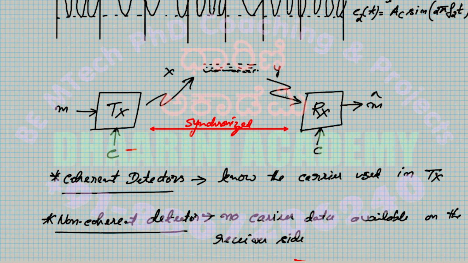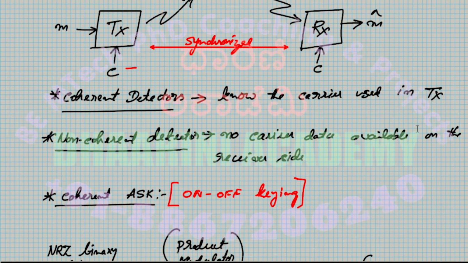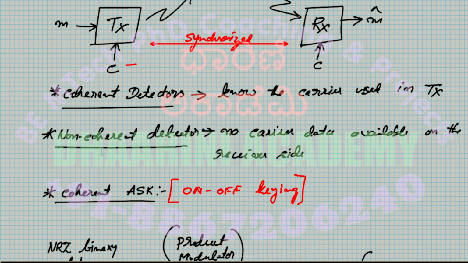So the receiver can directly use that carrier. That's why it is called a coherent detector, right? Then you have another one that is non-coherent, where there is no idea about what carrier has been used on the transmitter side. The receiver has to have an extra circuit to do an estimation. So the circuit becomes complex in that, right? That is what a non-coherent detector is.